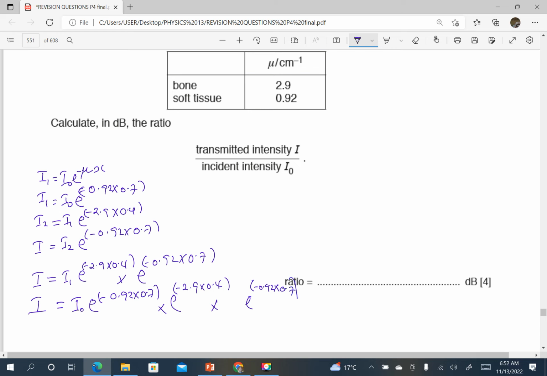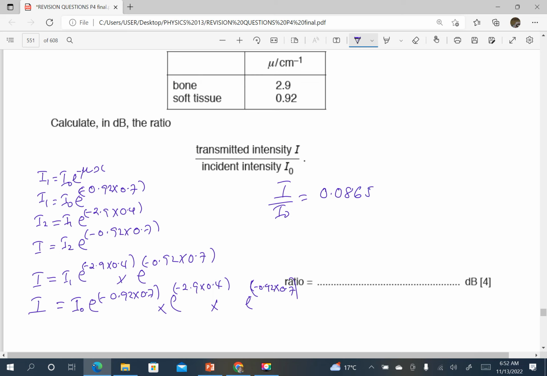So press the calculator once. Pressing the calculator, I am getting I divided by I naught as being equal to 0.0865.